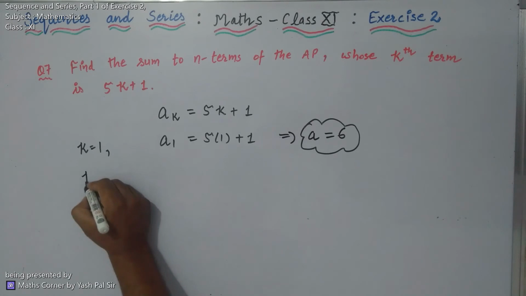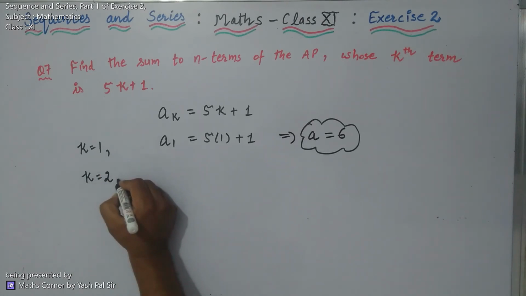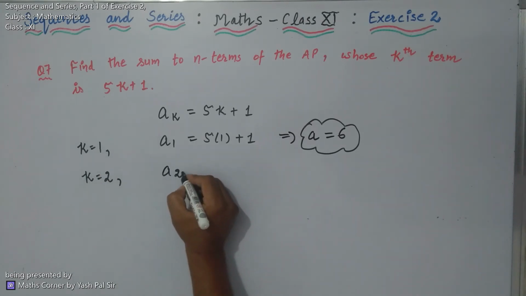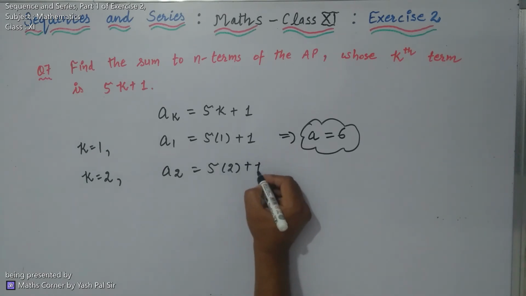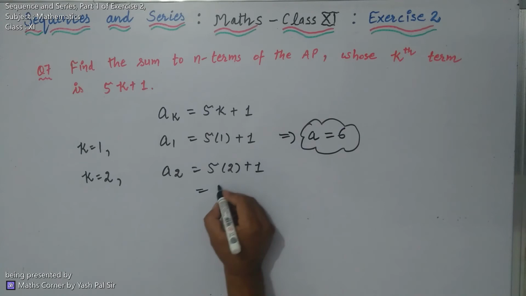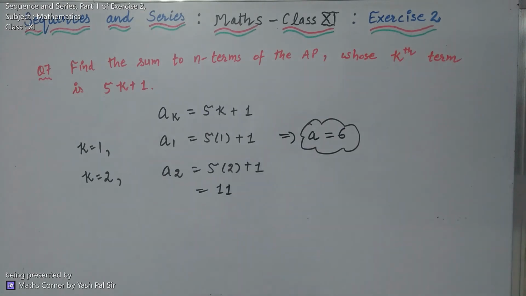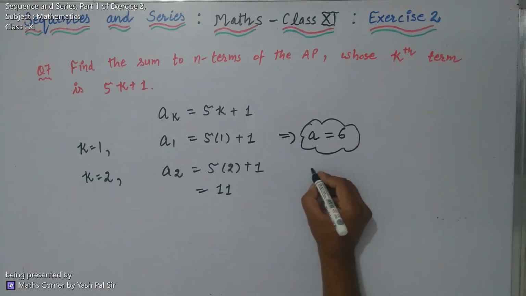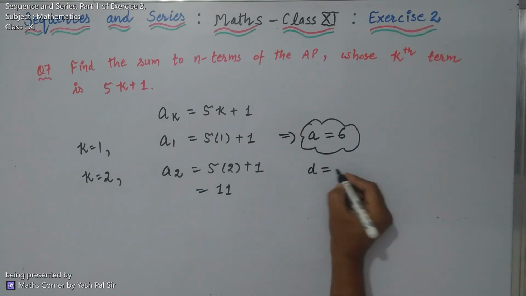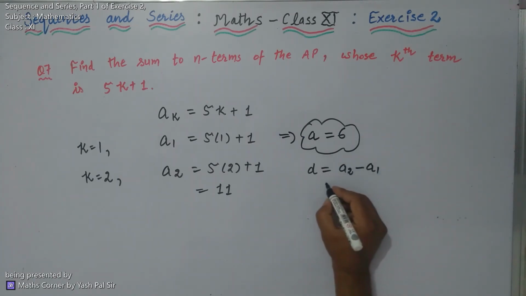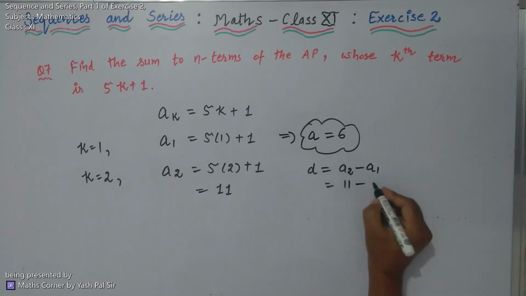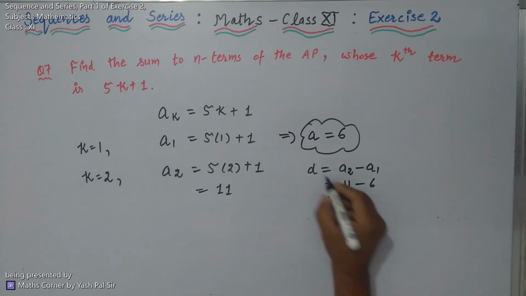Now taking k is equal to 2, this becomes a2 is equal to 5 into 2 plus 1. That means 10 plus 1, 11. Right? Now to find the difference d, that is equal to a2, the second term, minus the first term. The second term is 11, the first term is 6. So this is equal to 5.